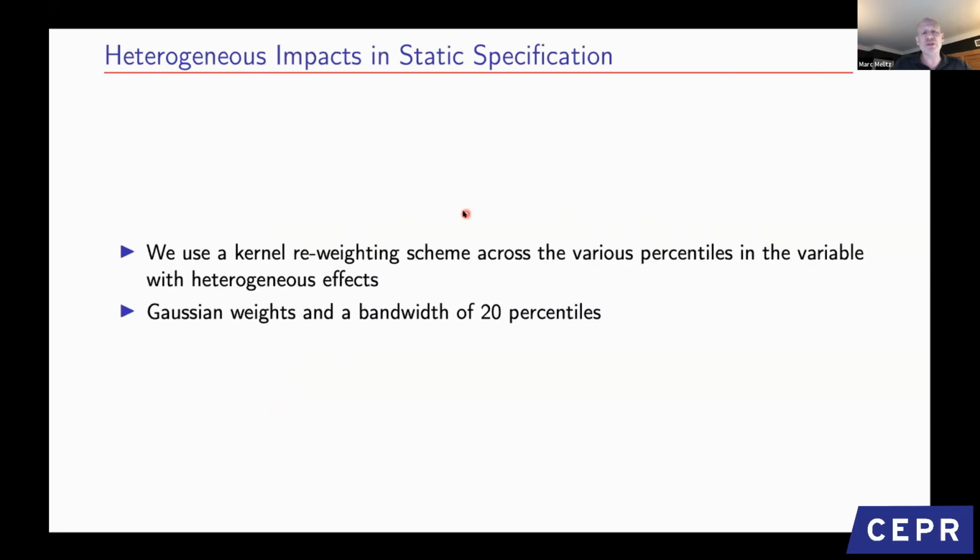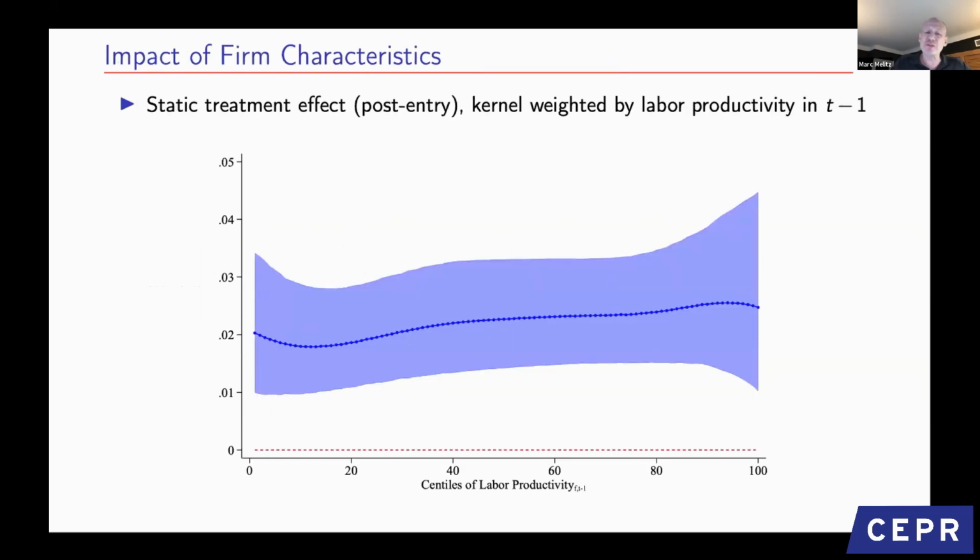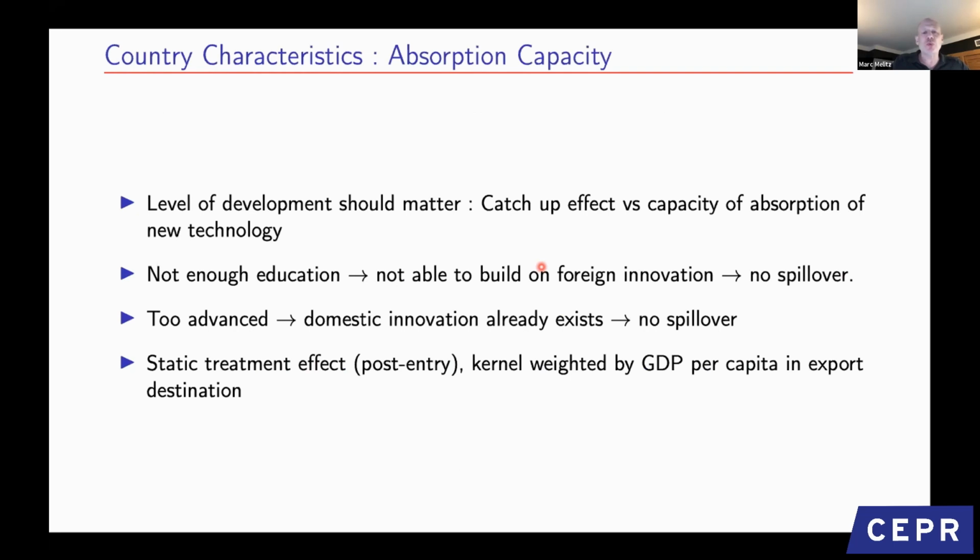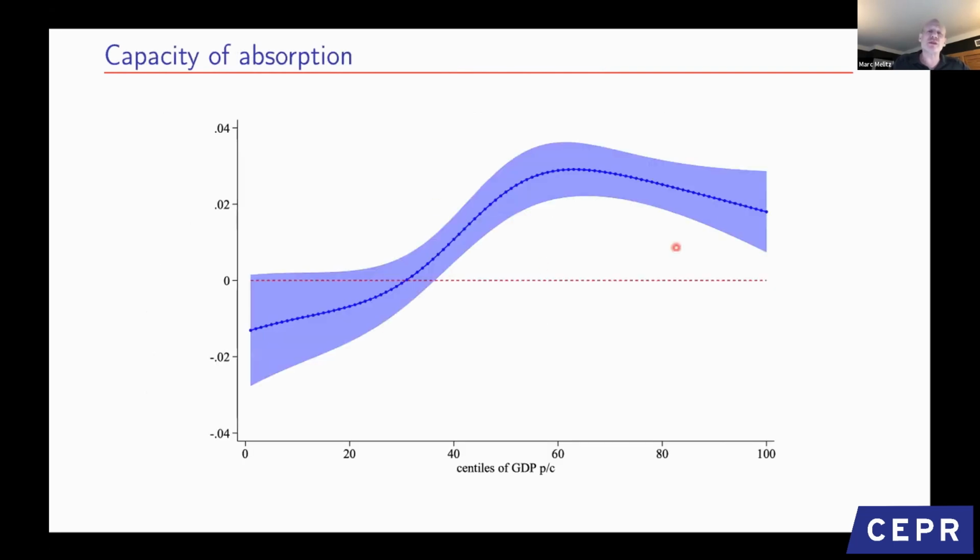And so let me just show you 2 graphs that show that we don't see very much of a difference in terms of the spillover effects across a productivity distribution of firms. It is increasing, but you have to squint really hard to see this increase. And we also look at whether some destinations generate more of these spillovers than others.